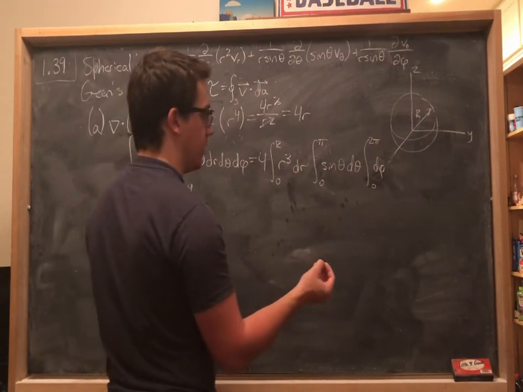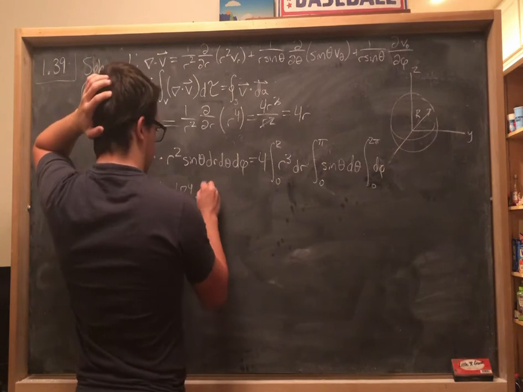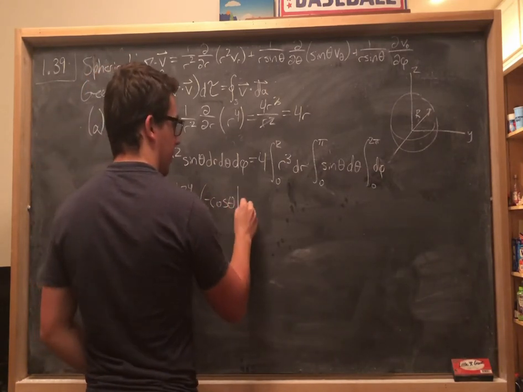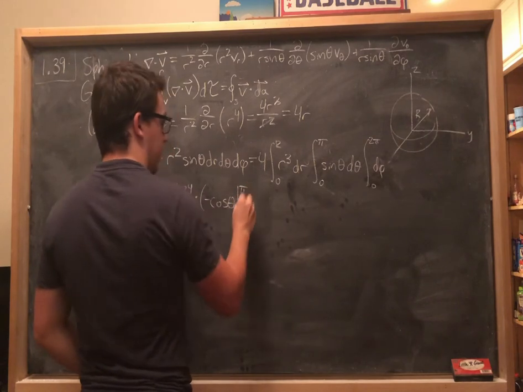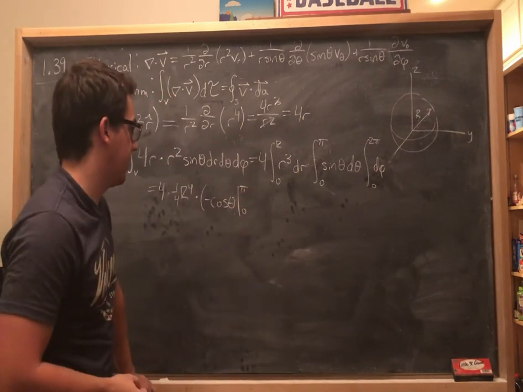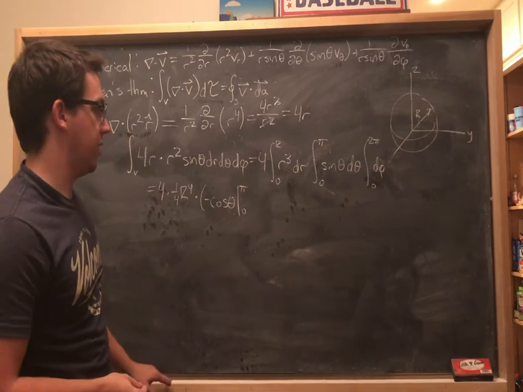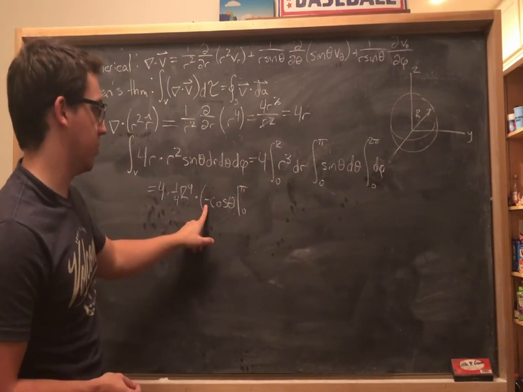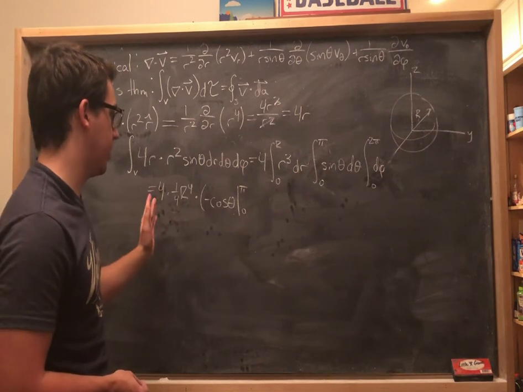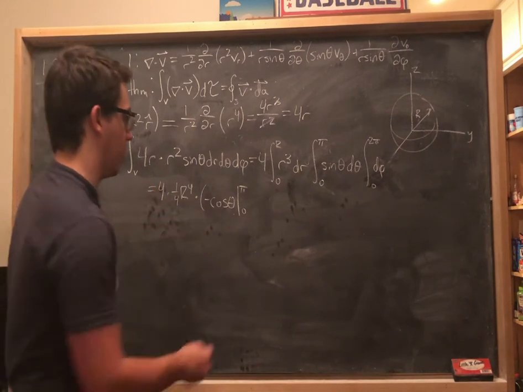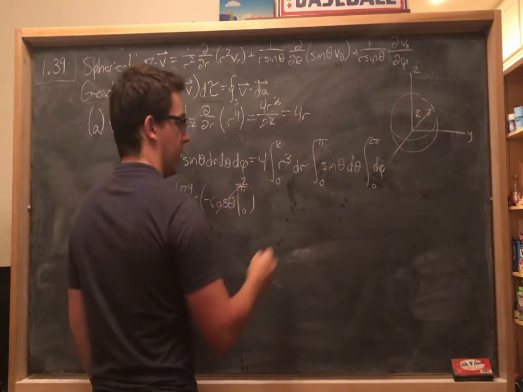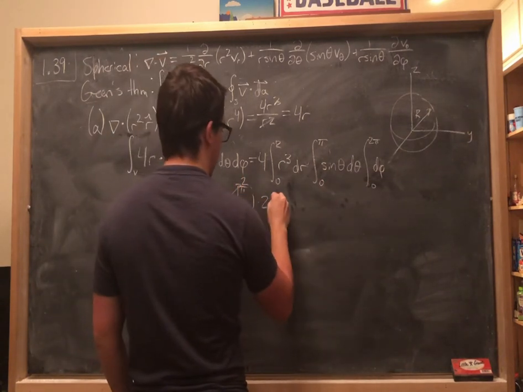It's minus cosine theta from 0 to pi, and so cosine of theta at pi is -1, so that's 1, and then at 0, of course, it's 1. You're subtracting it, so it's 1 plus 1. That, of course, becomes 2. And then, of course, that is just 2 pi.